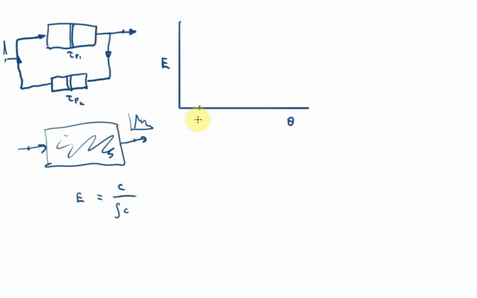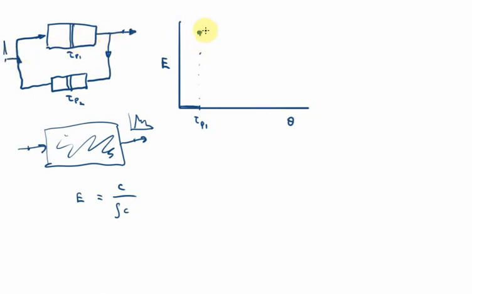So when we reach tau P1, we'll start seeing some tracer at the exit. And of course we've got 0 before that. So up to time tau P1, nothing will appear from this pulse. So only after tau P1 time units pass will some of this pulse start to appear here.